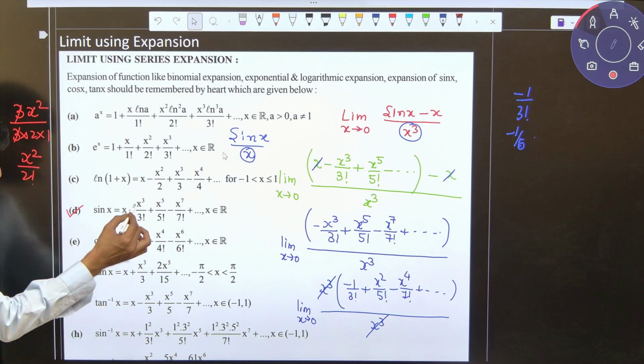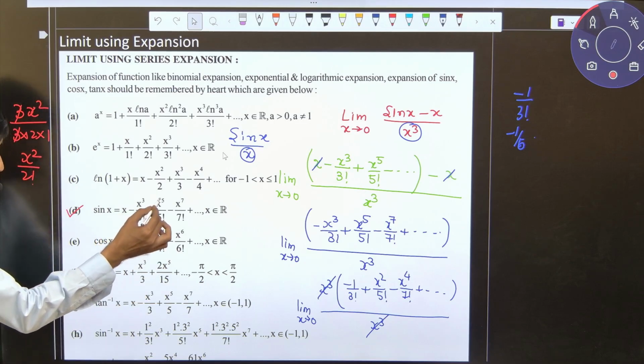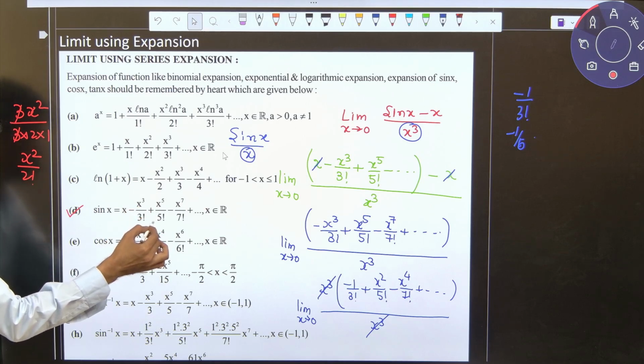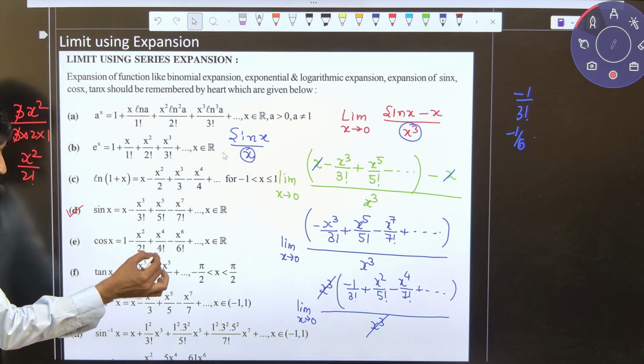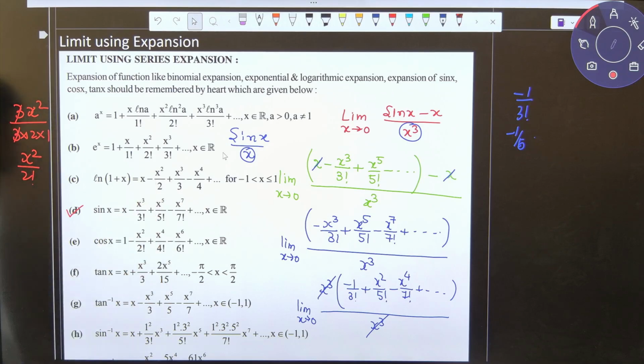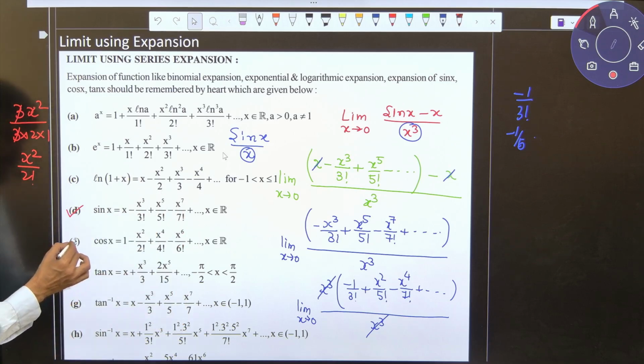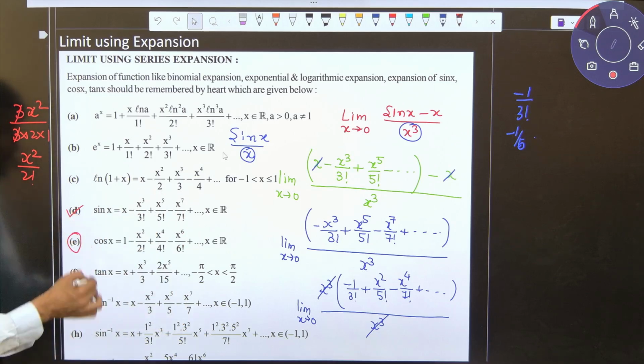So that will become x raised to 5. 5 will come with 5 factorial. And 4 factorial will be left, and that will be x raised to 4 upon 4 factorial. And again it will go on. So it means the cos x formula we can directly remember with the differentiation of the sin x formula.